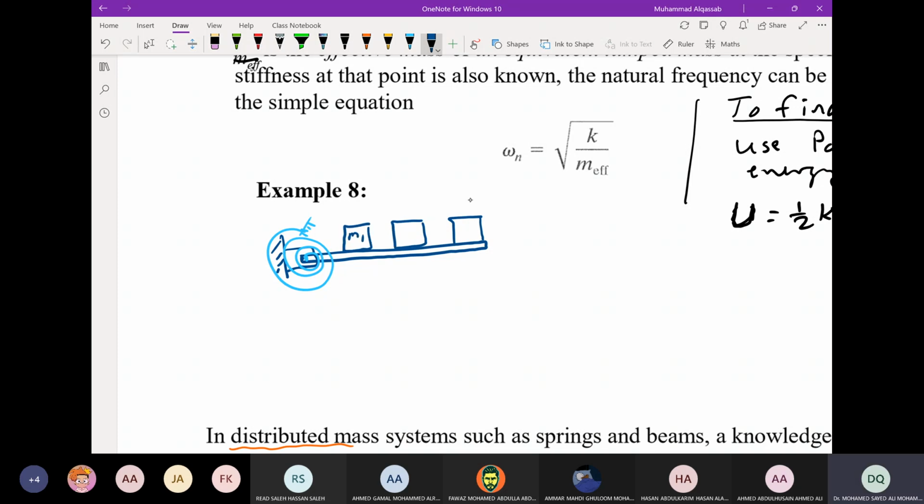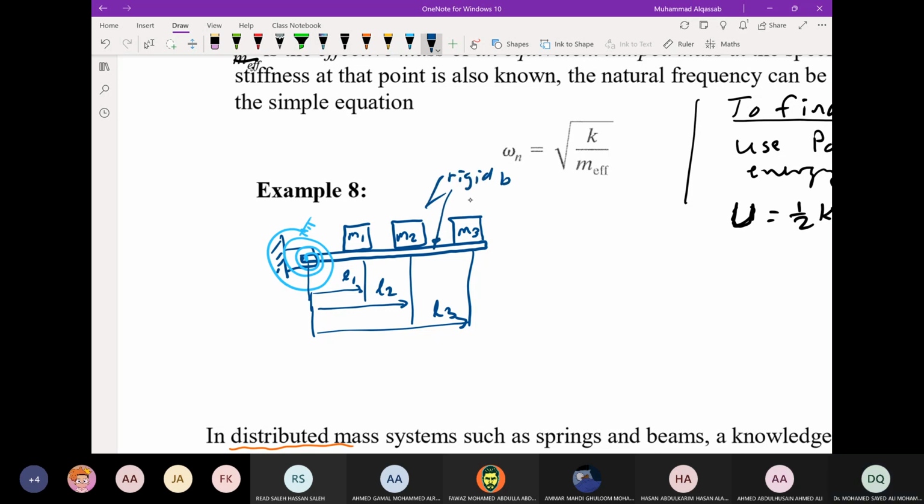So this is M1, M2, M3, which are located at distances L1, L2, and L3. The bar is rigid. Okay, assume it is massless.